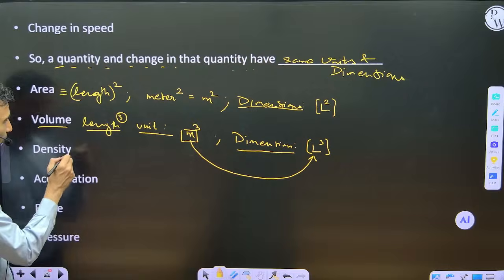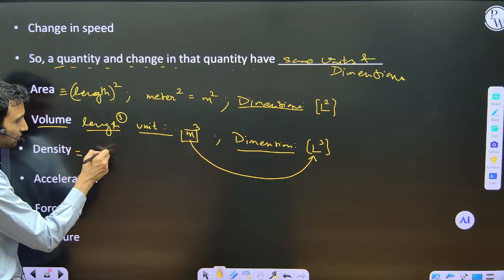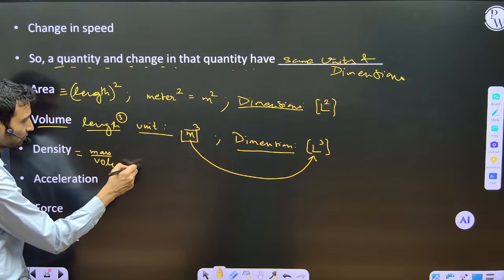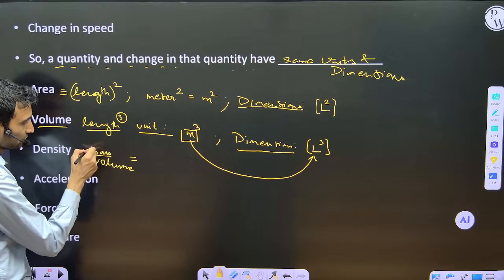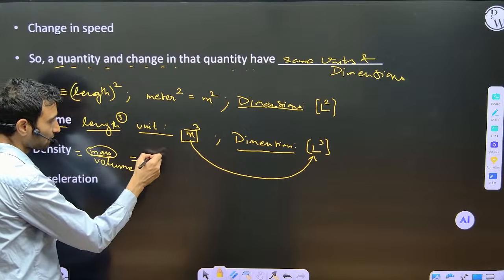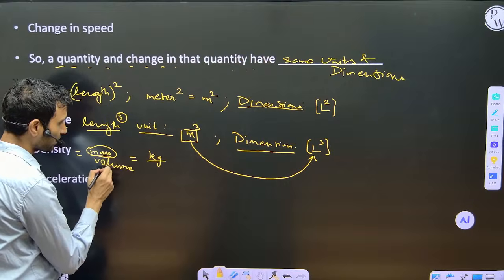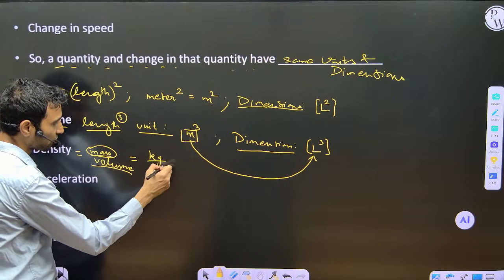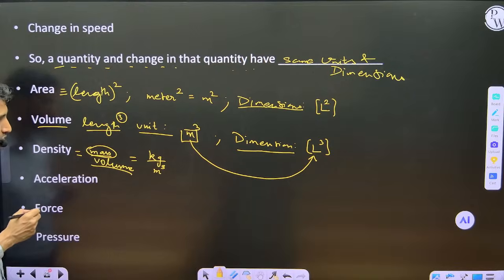Now density. What is density? Mass upon volume. So what will be the unit? You know the unit of mass is kg, and the unit of volume is meter cube, as we just saw.